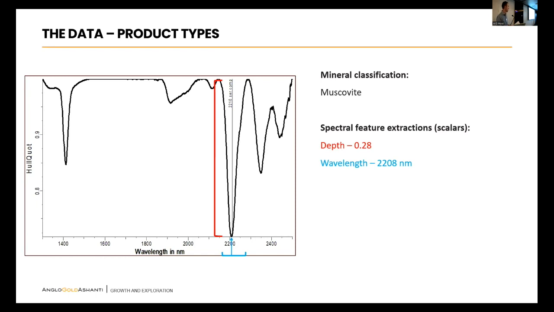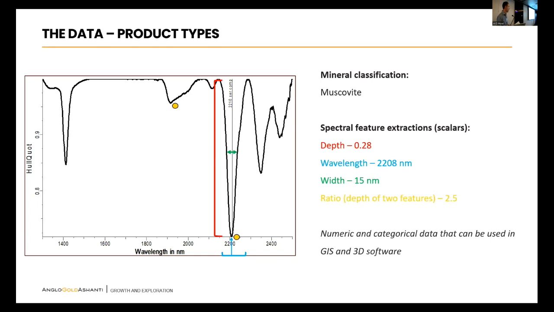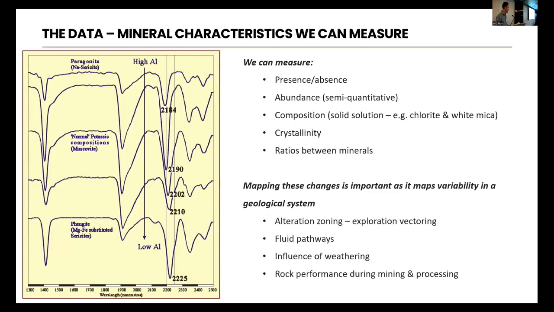We see cation exchange in a lot of minerals like white mica, chlorite, biotite, etc. We can measure the width of a feature. We can measure ratios to start getting an indication of crystallinity of the minerals. And this produces numeric and categorical data that we can use in GIS and 3D.